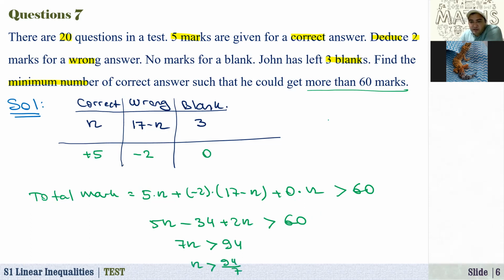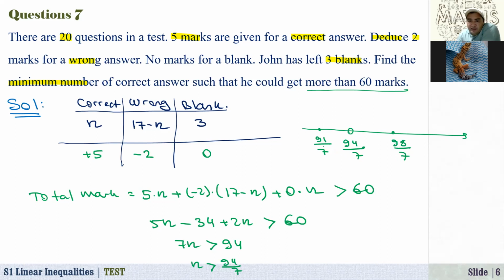So now if you just draw a number line, that is greater than 94 over 7. Here we have 91 over 7, and here we have 98 over 7. Actually, this 94 over 7 is between 91 over 7 and 98 over 7.